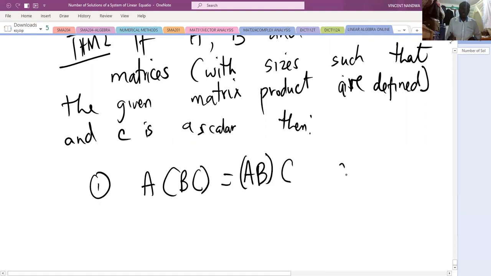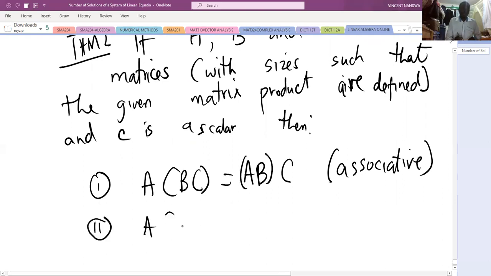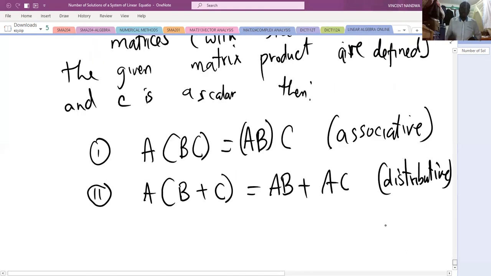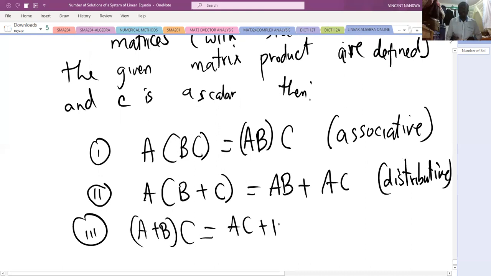So this is the associative property. And then number 2, A times (B plus C) is given by AB plus AC, distributive. Number 3, (A plus B) times C is AC plus BC.